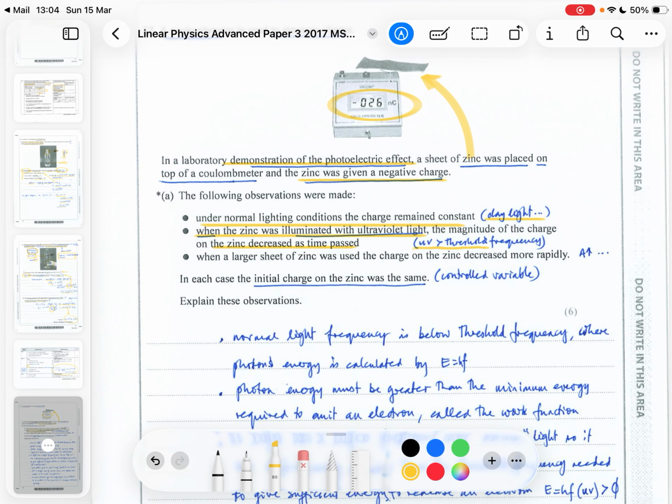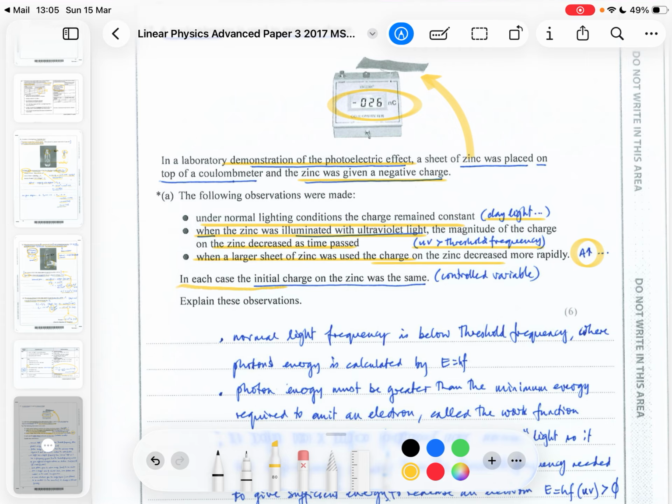So ultraviolet has a greater threshold frequency than visible light. When a larger sheet of zinc was then used in the second part of the experiment, the charge on the zinc decreased more rapidly. Okay? If the area increased, you're going to get more photons arriving per second. So that's what you've got to explain.